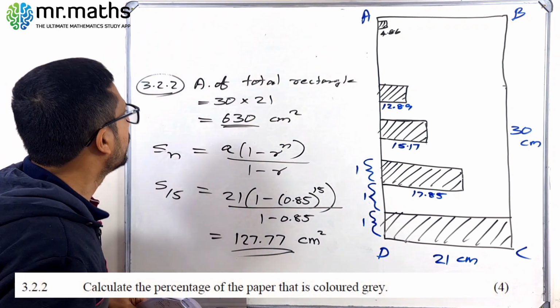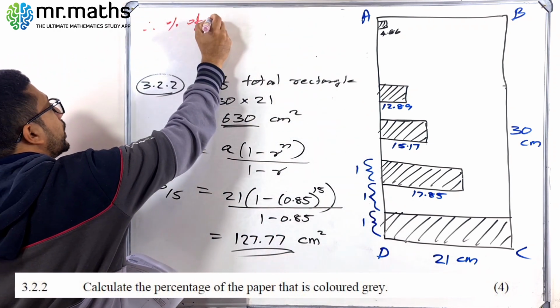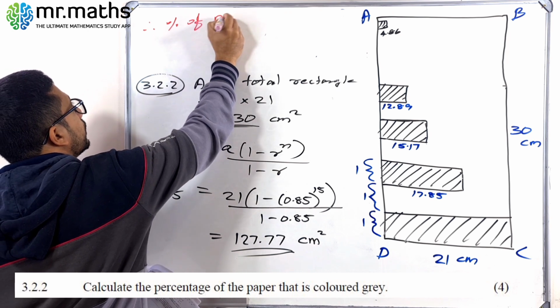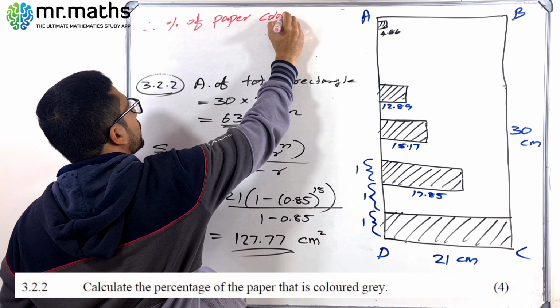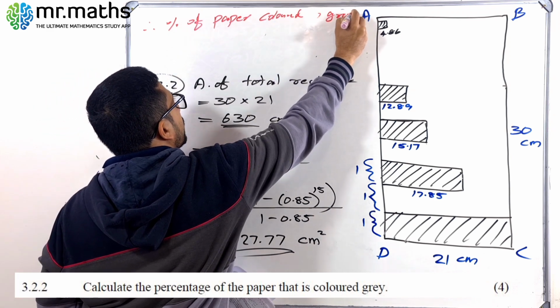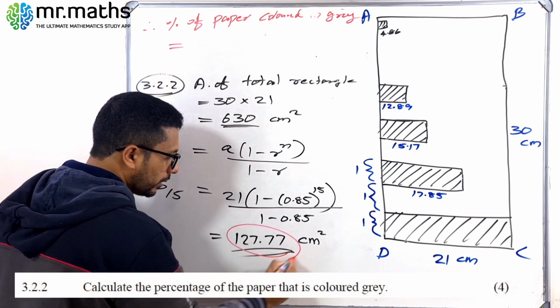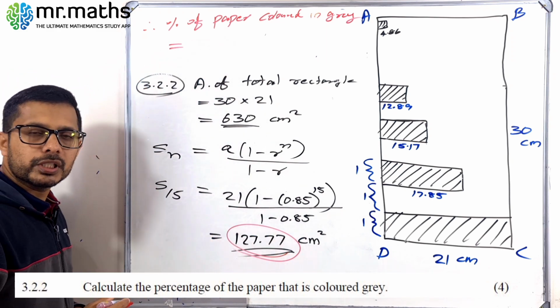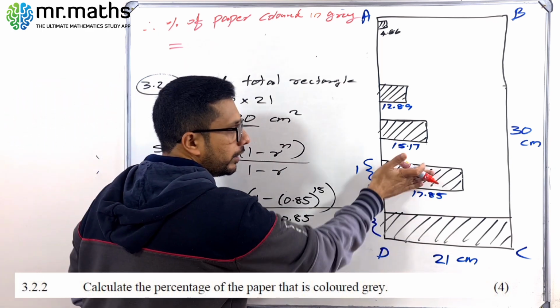Therefore, percentage of paper colored in gray. Here you can see that 127.77 centimeter square area is colored in gray.